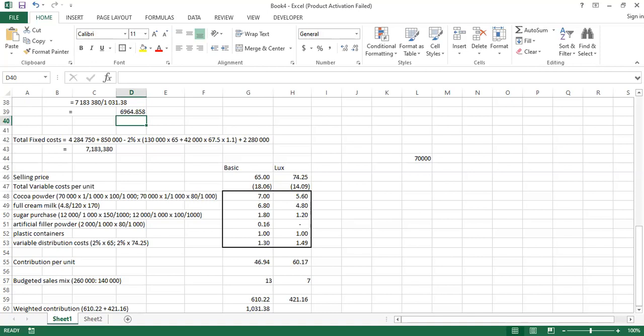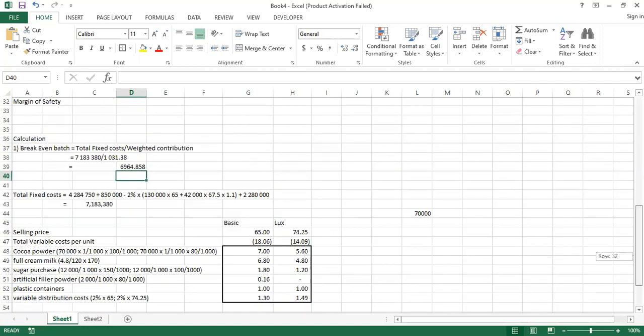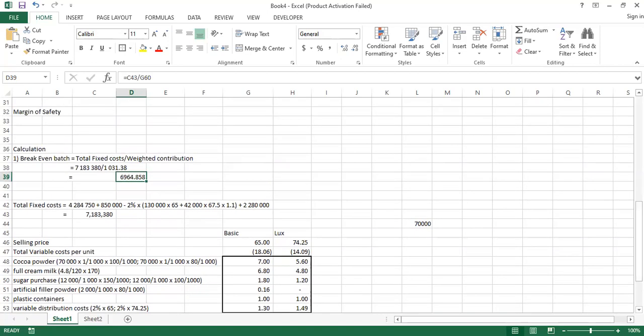All right, let me write it over here. When it comes to break-even analysis, you want to round up all the time. So this is going to be 6965. That's our calculation there.